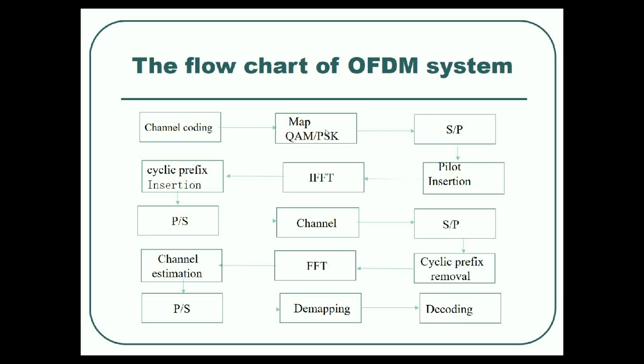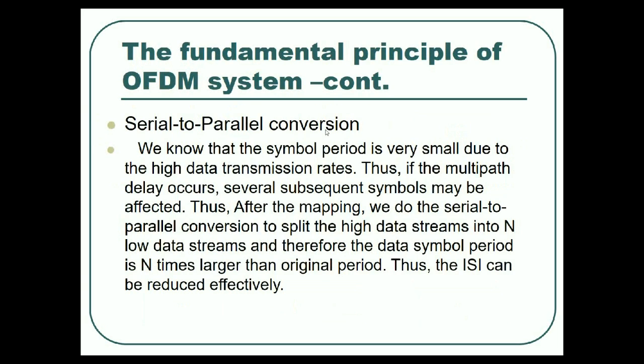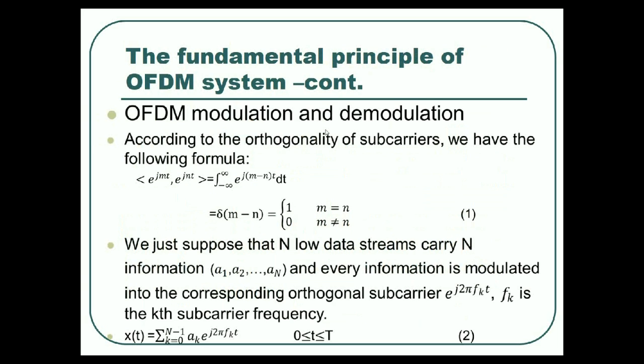After the SP conversion, we insert the pilot and do the IFFT, which means the OFDM modulation. In the next section, I will mainly discuss the OFDM modulation and demodulation. According to the orthogonality of the subcarriers, we get equation 1.